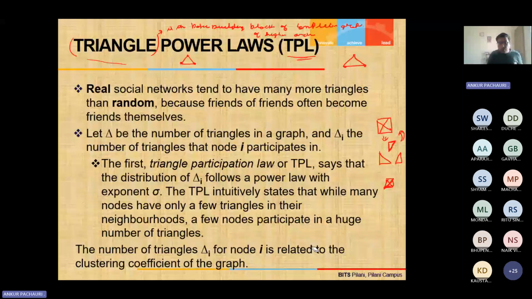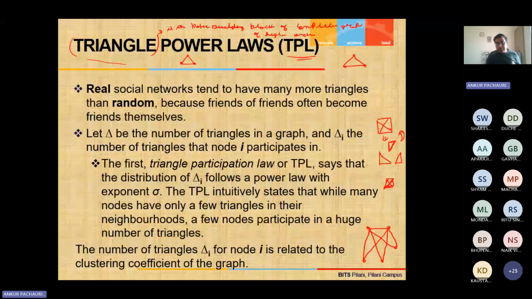Now I will avoid overlapping of edges. So 1, 2, 3, one triangle. And again that's a triangle. So this is connected to this, and this node is connected to this.